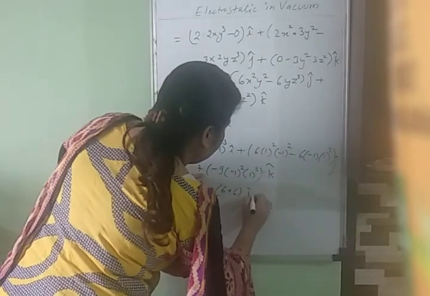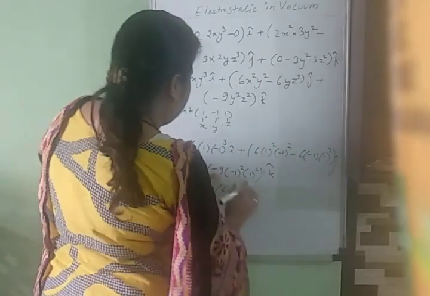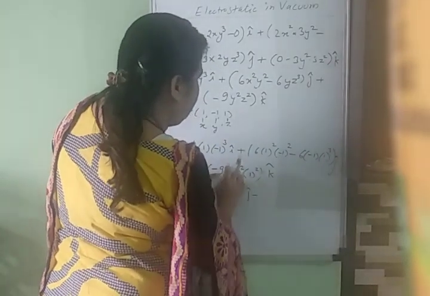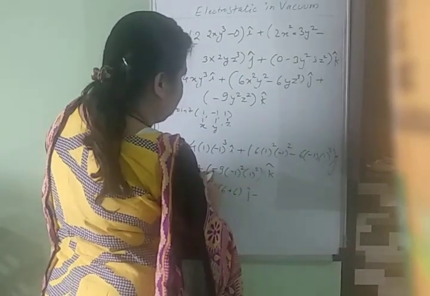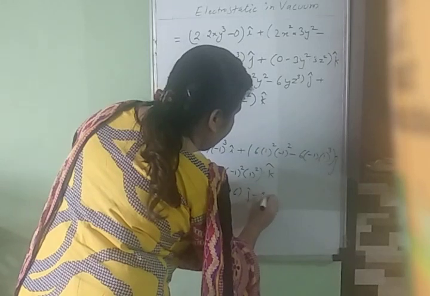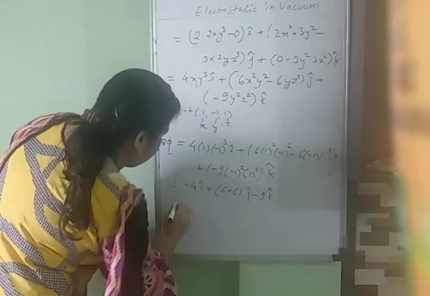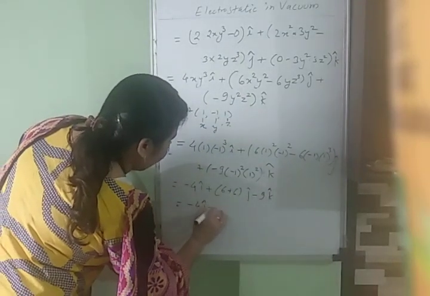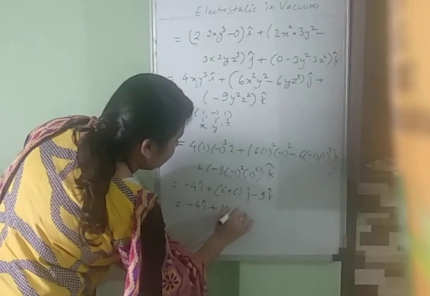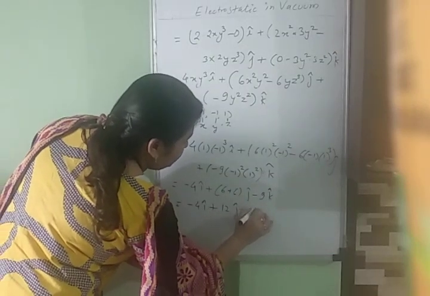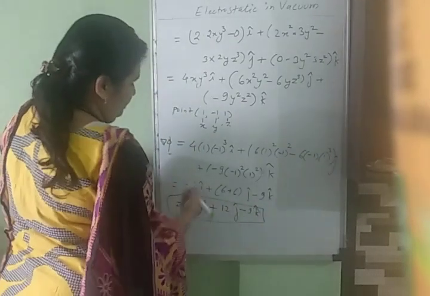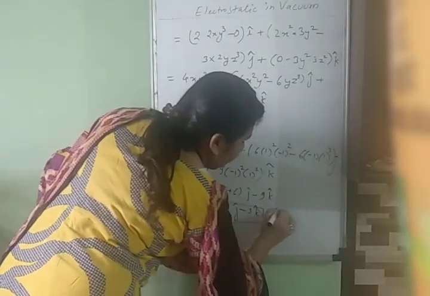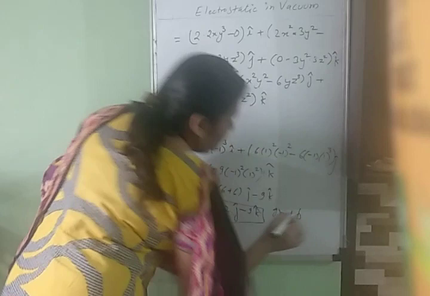In the third term, the square of -1 is plus 1 and the square of 1 is again plus 1, so it is -9k. So the total answer is -4i plus 12j minus 9k. This is the gradient of phi of the given function.